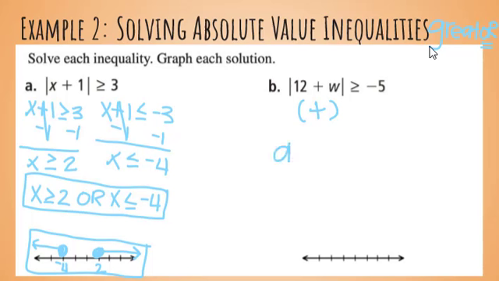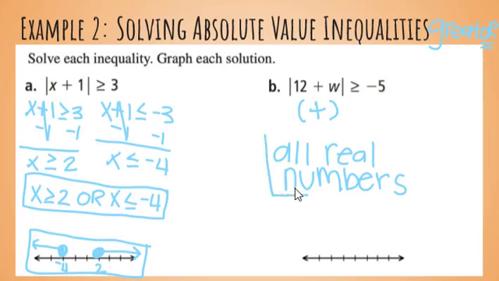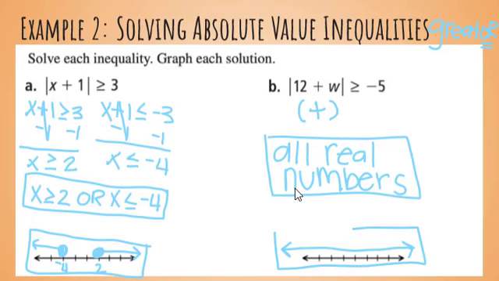So your answer here is all real numbers. And you're going to write out that whole phrase. And this time for your graph, everything gets shaded. So when it was no solution, you don't have any shading. And when it's all real numbers, everything is shaded.